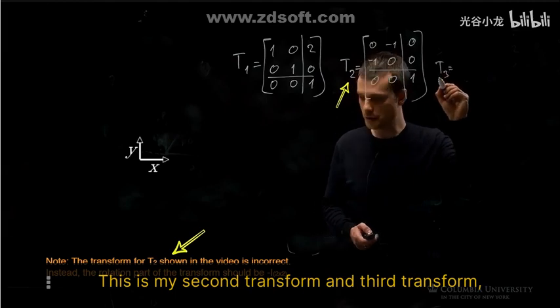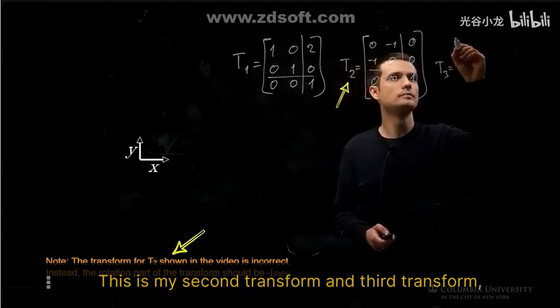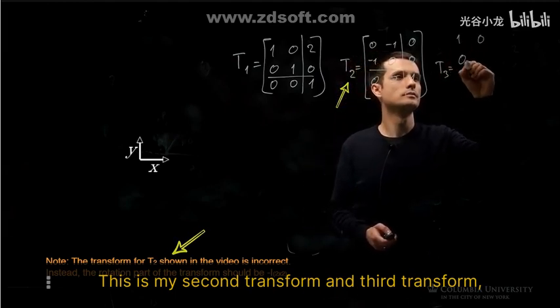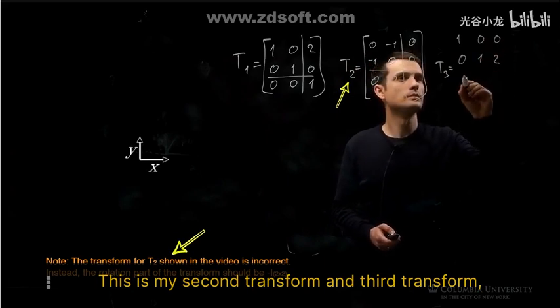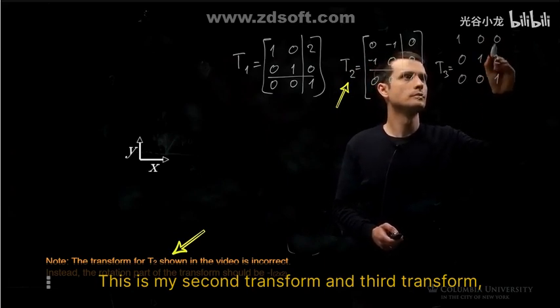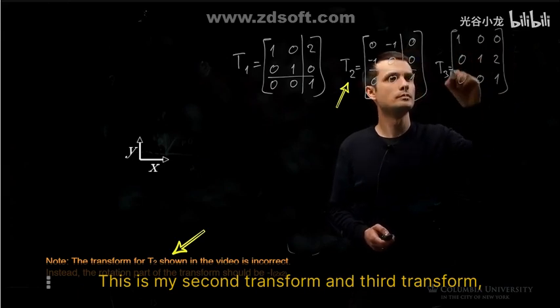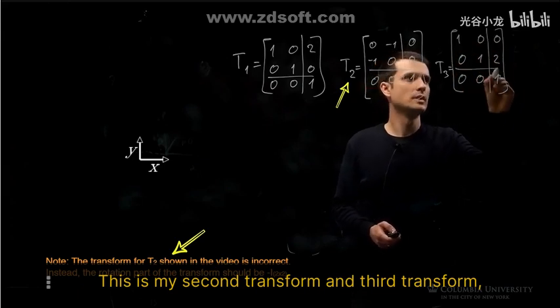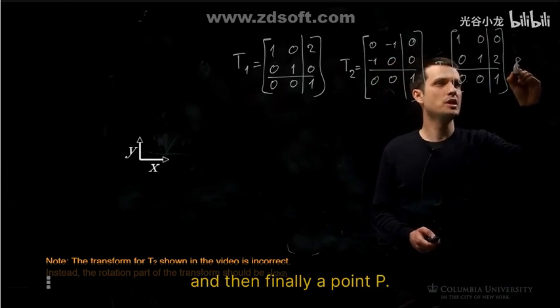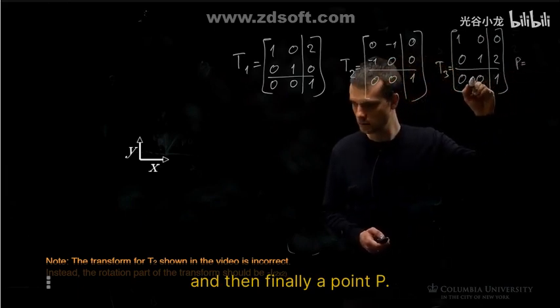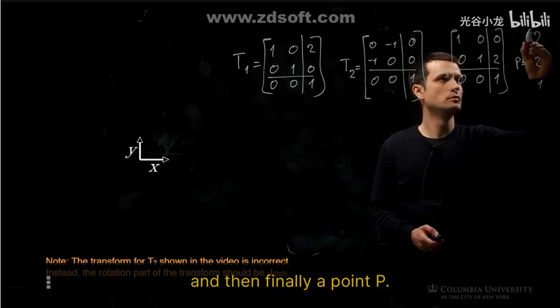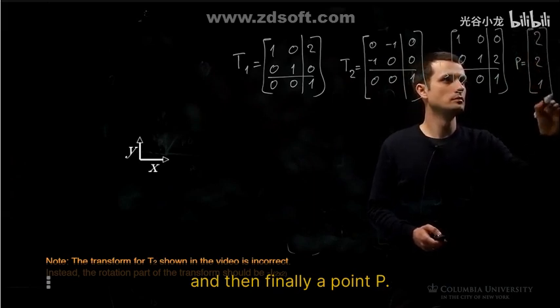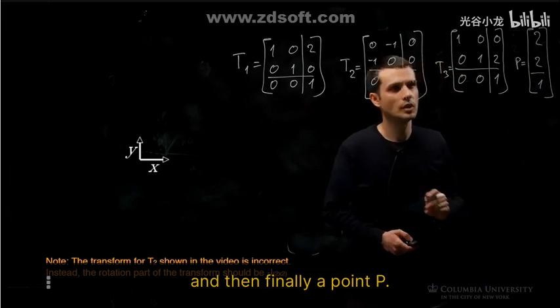And a third transform. And then finally a point P. Okay?